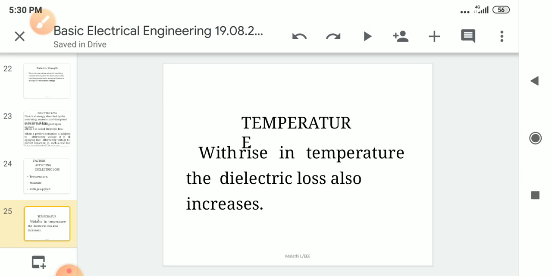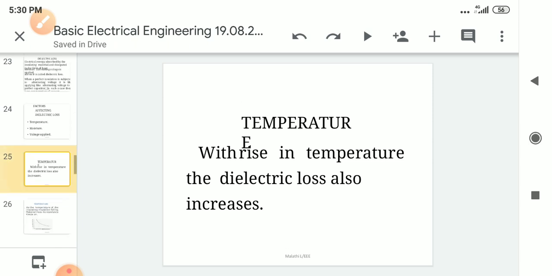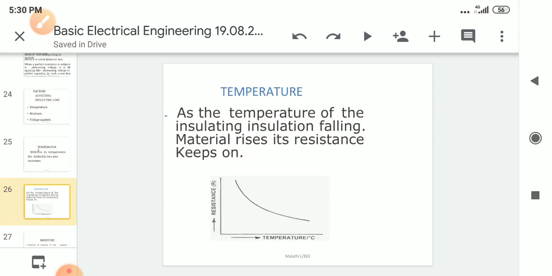After that, moisture. See, this is a graph of resistance versus temperature. As the temperature rises, the insulation resistance falls.